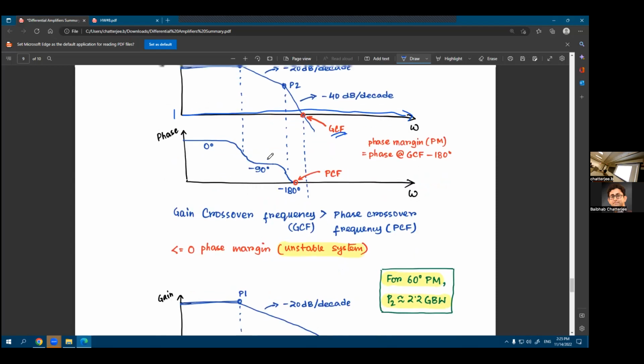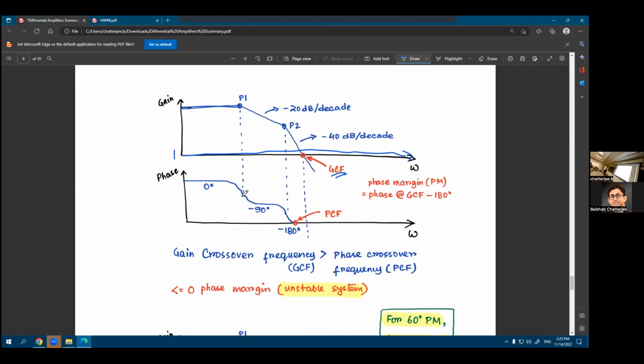Right? What will happen to the phase? You'll see a minus 90 degree phase difference at pole P1, and another minus 90 degree because of pole P2. Right? So because of the two poles, you'll see an overall 180 degree phase difference.